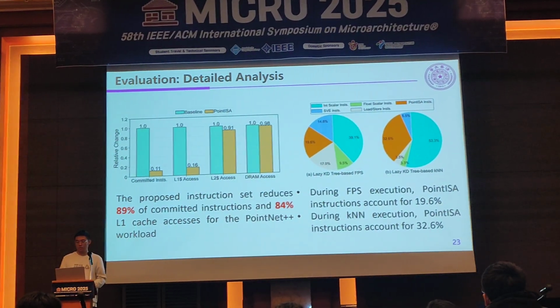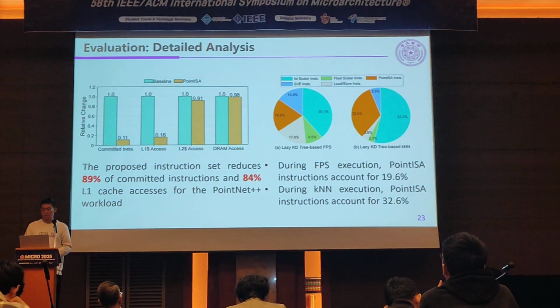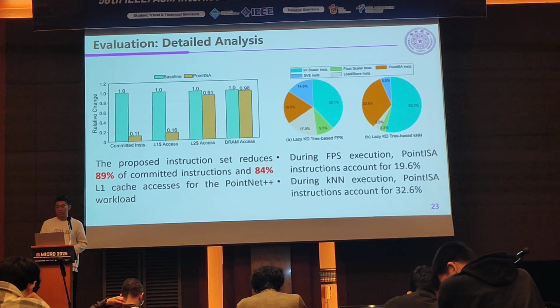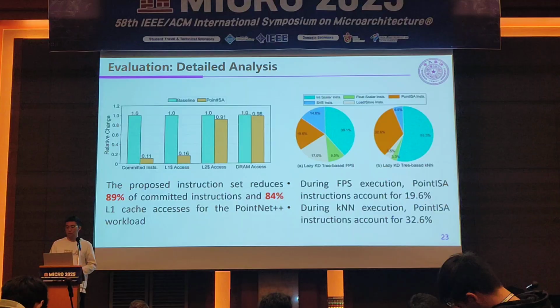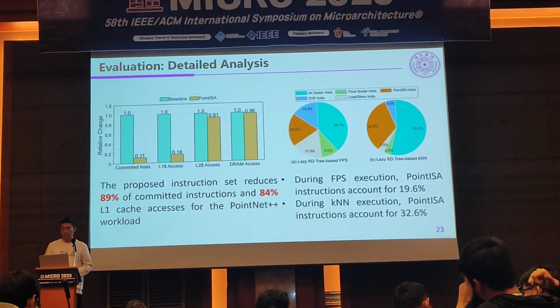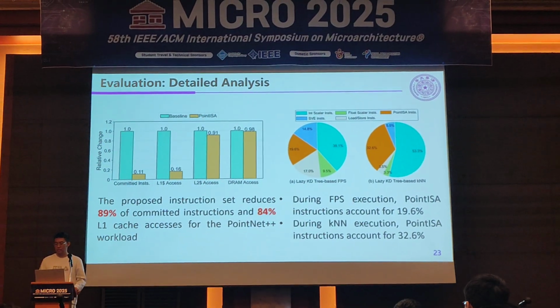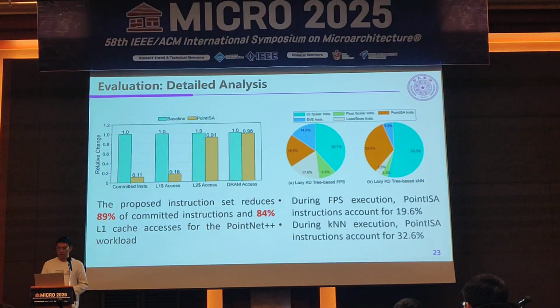We also take a closer look at the micro-architecture performance pattern. The new instruction set reduced the total number of committed instructions by about 89%, and it also cut L1 cache access significantly. To understand the behavior at runtime, we analyze the instruction breakdown of IPS and HiDDEN.